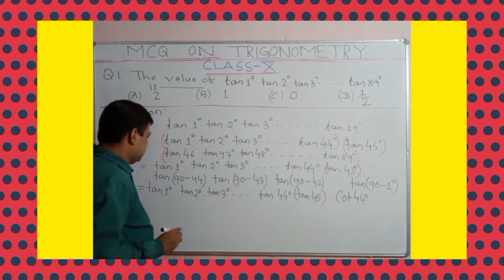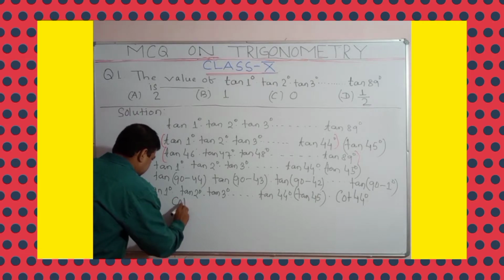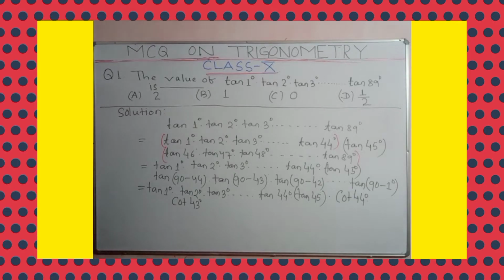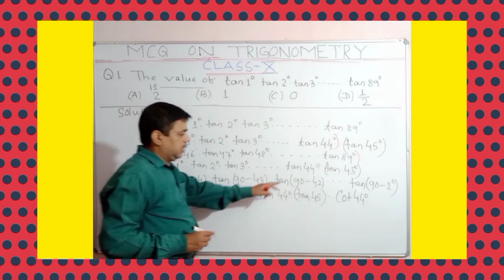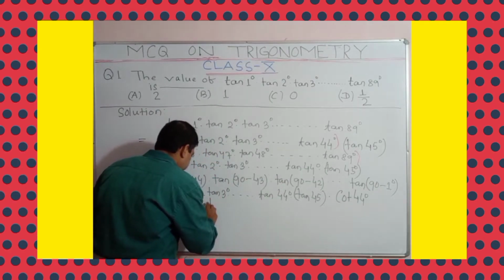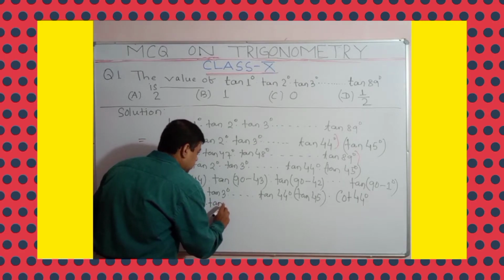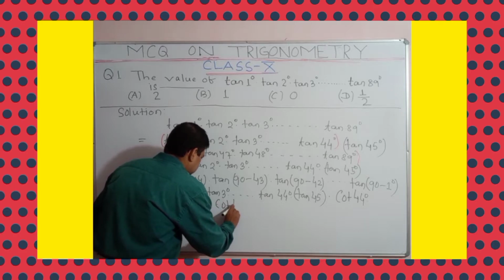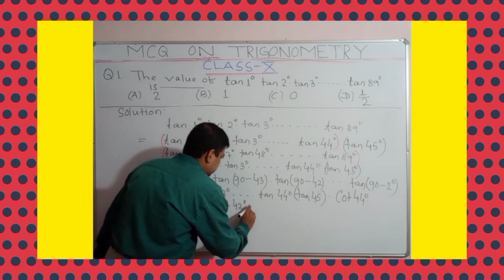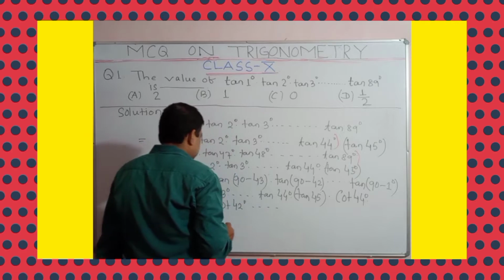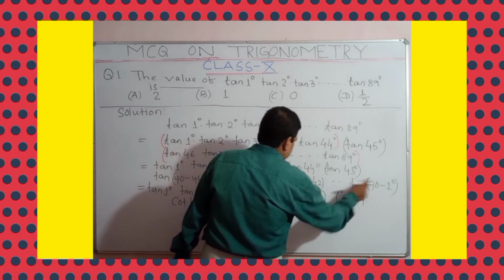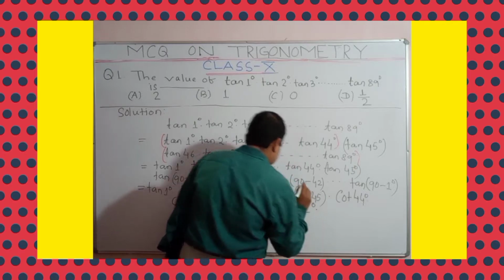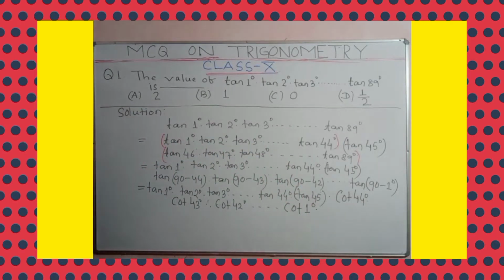Tan of 90 minus 43 will be cot 43 degree, because you know tan of 90 minus theta is cot theta. Similarly, tan of 90 minus 42 will be cot 42 degree, and so on up to tan of 90 minus 1 degree, which will be cot 1 degree. Yes or no?